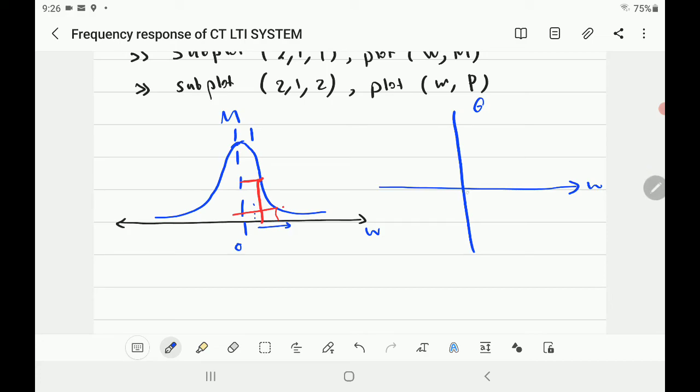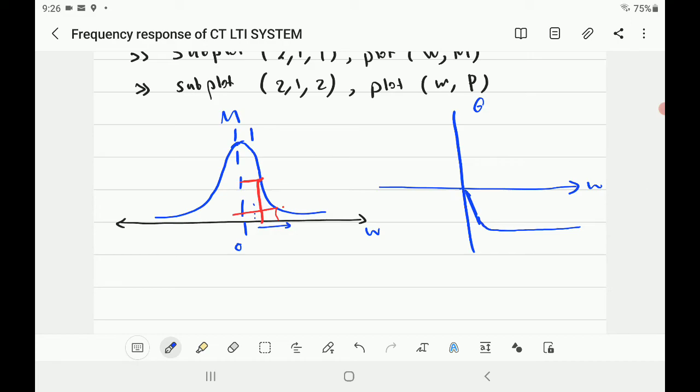You'll find that when omega is equal to 0, no change happens, and every time you increase omega, this shift increases, but in the end it will be almost constant after a certain value of omega.